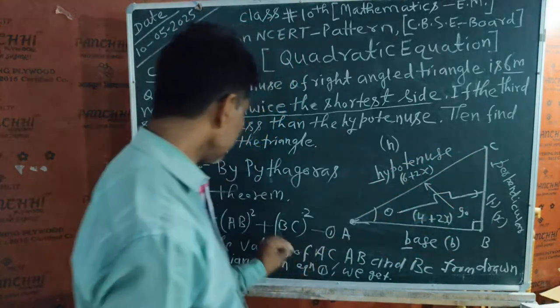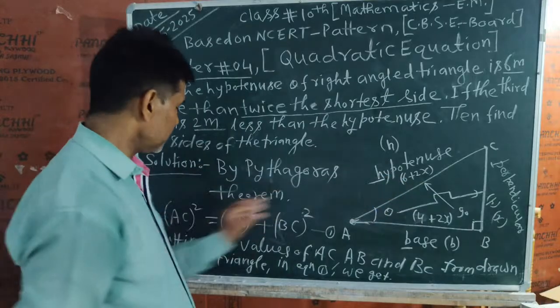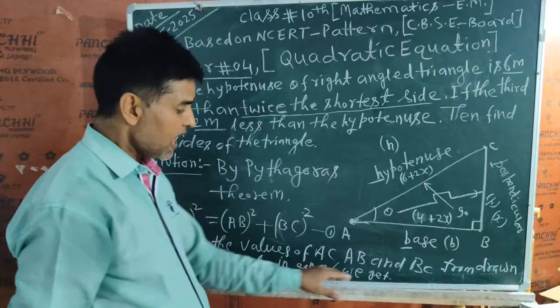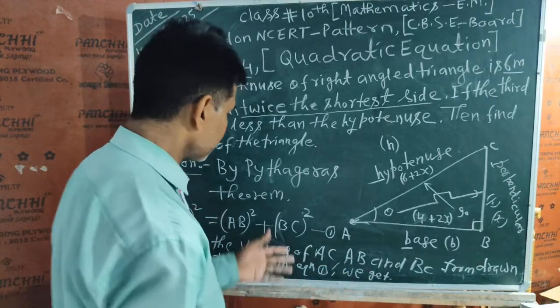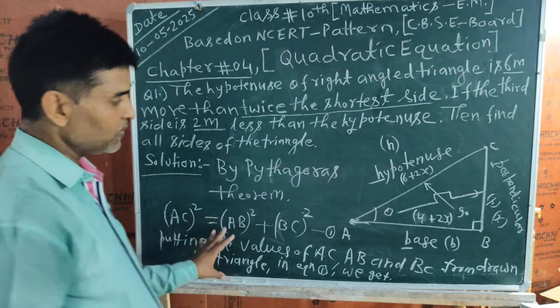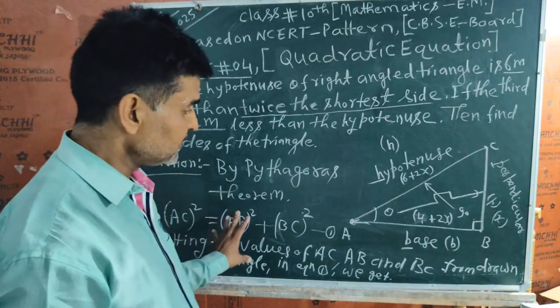So I have drawn this triangle. From this triangle I have to substitute these values here in equation number 1, which I have written here, and we get the result after putting these values.